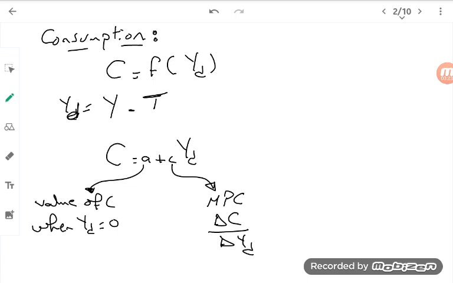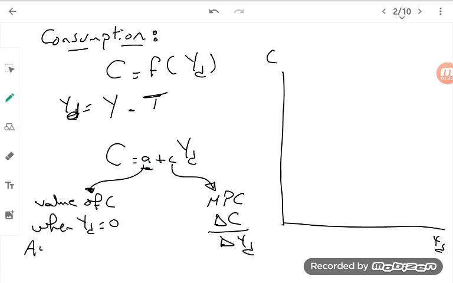And then we illustrate this graphically as the consumption function. This is disposable income, and here is consumption. As we said, we are not going to start from the origin due to autonomous consumption.